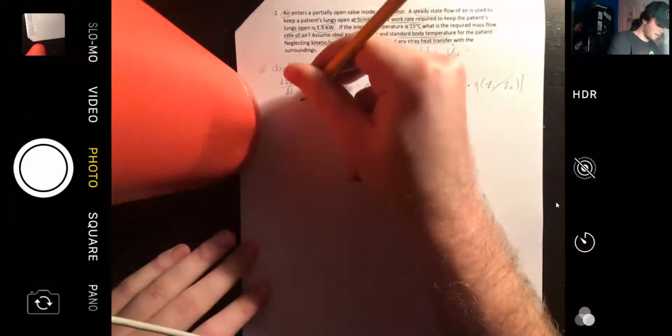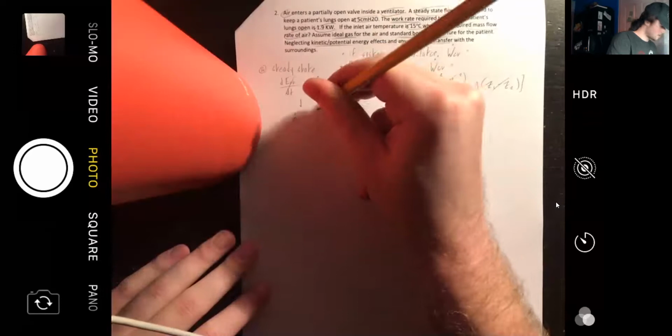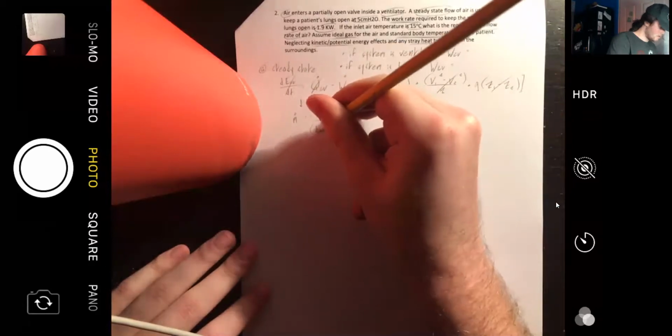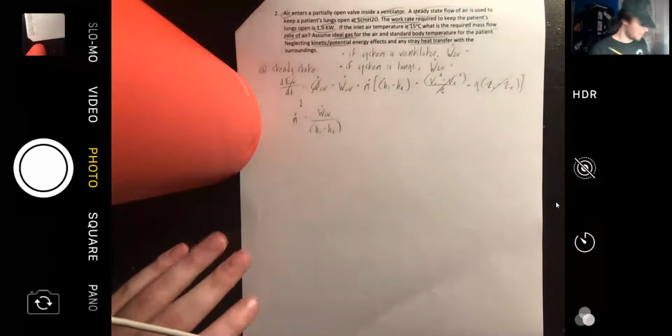Move everything around. Your final formula for mass flow rate would just be the work dot control volume given to you over the change in enthalpies. So we're going to do one final interpolation using the two temperatures. So T1 is 15 degrees Celsius.